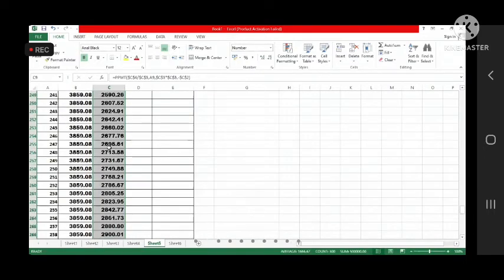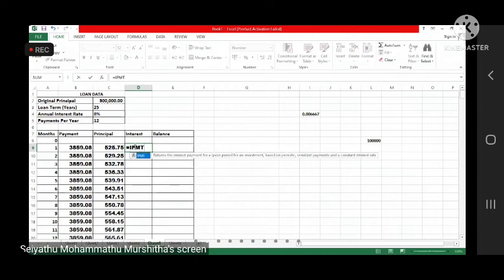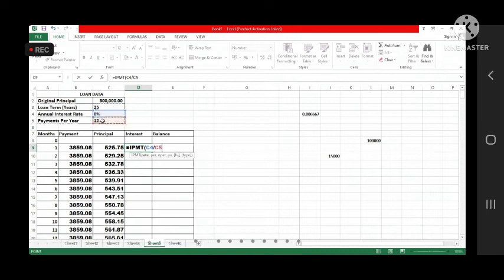Just break this one. Okay, we have calculated the principal amount within this payment. Next, we can calculate the interest: equal IPMT, that is interest payment, bracket. What is the rate? Again the same thing, interest rate divided by 12. Now we have to absolute this one.